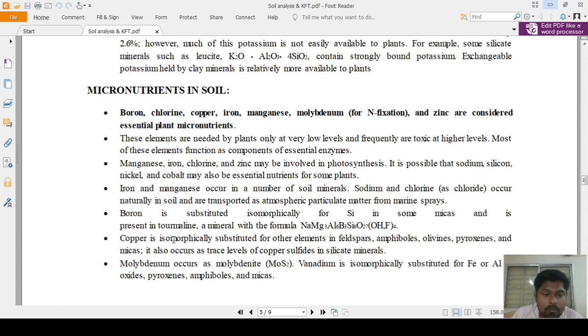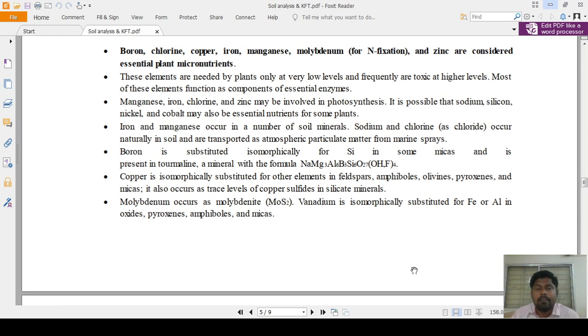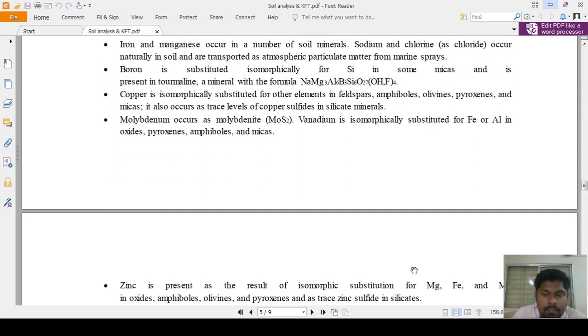And copper is isomorphically substituted for other elements in feldspars, amphiboles, olivines. Those are the names of the ores, particularly the isomorphic ores of copper. Molybdenum occurs as molybdenite, that is MoS2. Vanadium is isomorphically substituted for iron or aluminum in oxides, pyroxenes, amphiboles and the micas.